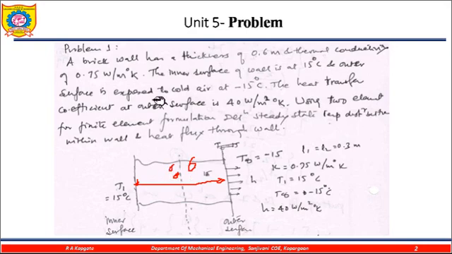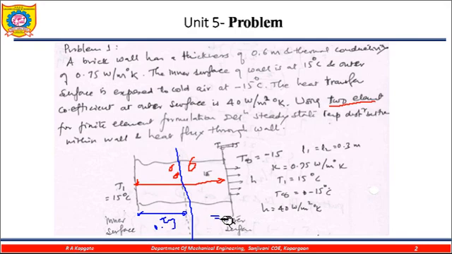And then they mention using two elements, so we have divided this total wall into two parts. So this distance is 0.3 meter, and this distance is also the same, 0.3 meter. Hence there are two elements.